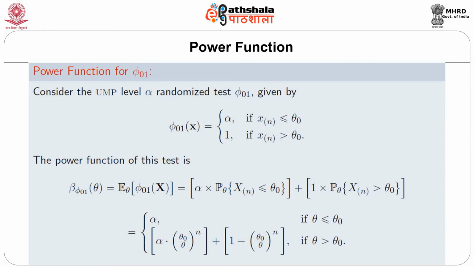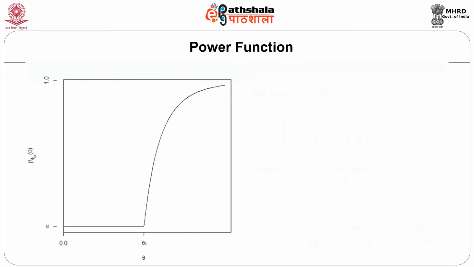So if theta is less than or equal to theta naught, the power function is alpha, and if theta is greater than theta naught, then theta naught plays the role of A. So the probability that x order n is less than or equal to theta naught is (theta naught by theta) to the power n. So alpha into (theta naught by theta) to the power n plus the probability that x order n is greater than theta naught, which is 1 minus (theta naught by theta) to the power n. This is the power function of this randomized test.